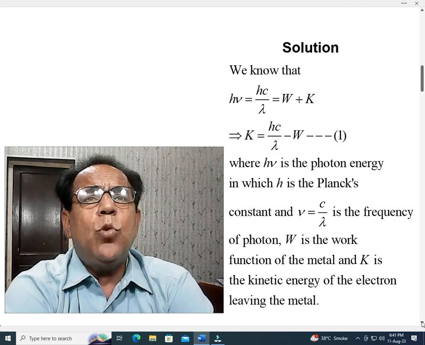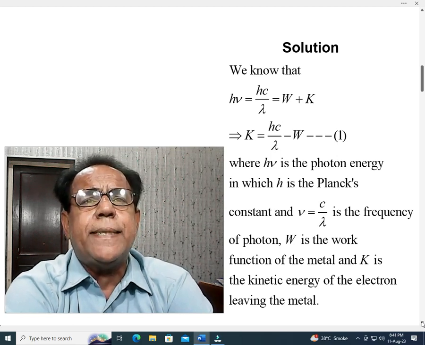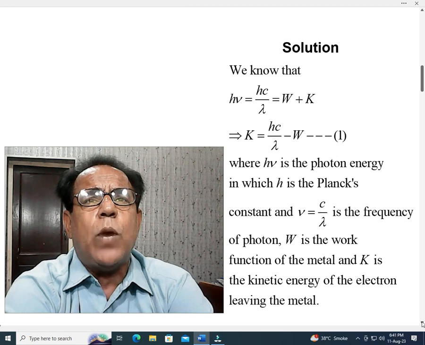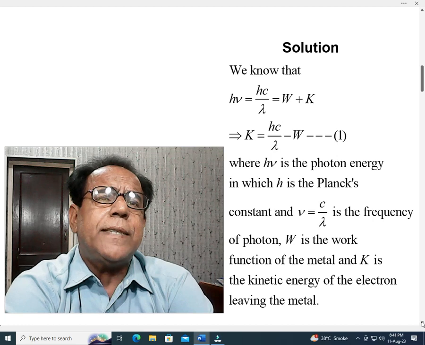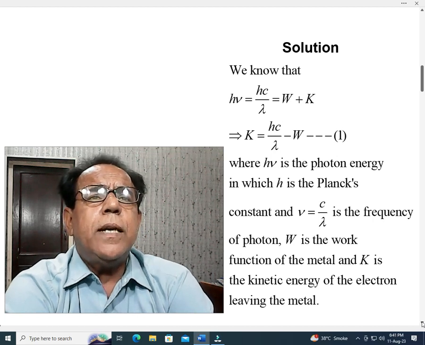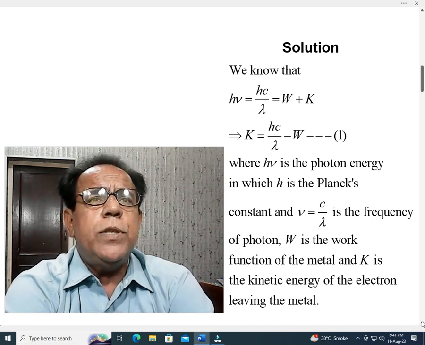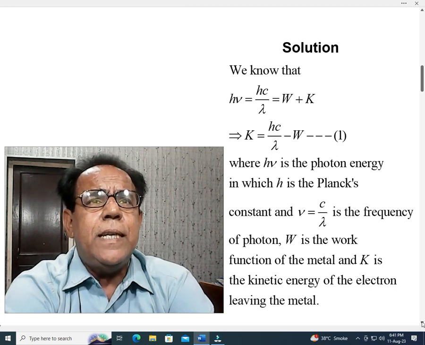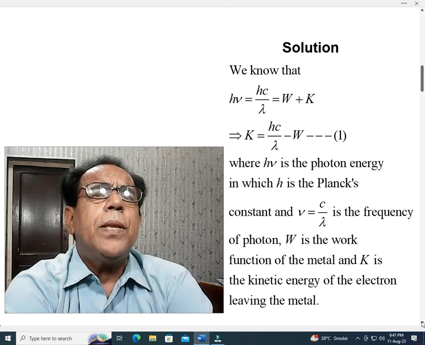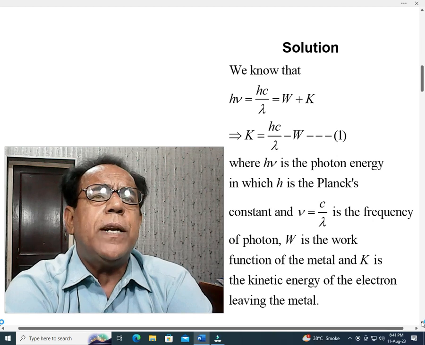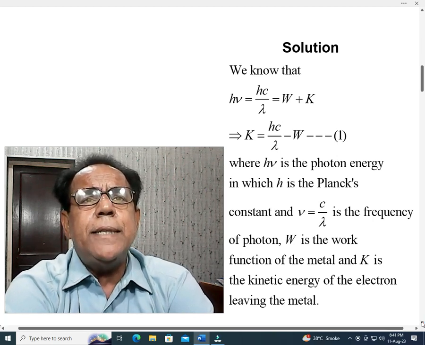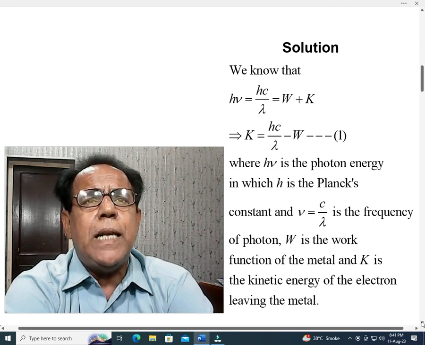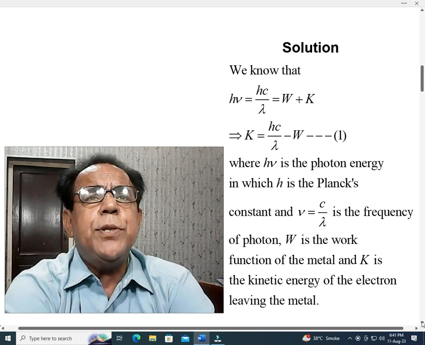We know that h nu equal to hc over lambda because frequency and wavelength are inversely related. So here nu is equal to c over lambda, where c is the speed of light, nu is the frequency, lambda is the wavelength, h is Planck's constant.